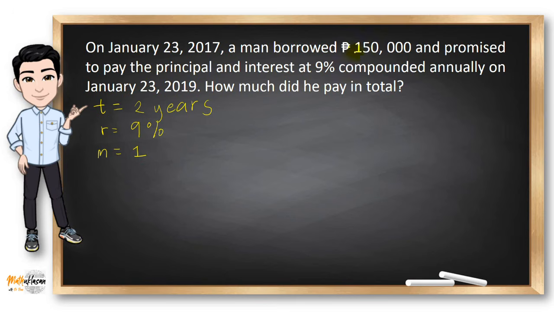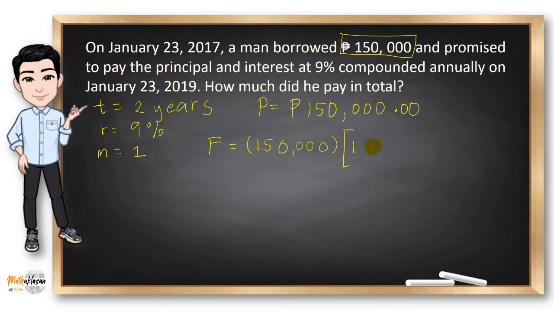What else can we get? What is 150,000 pesos here? Yes, the principal amount is 150,000 pesos. And now we just need to compute for the total amount that he paid, referring to the final amount. So F is equal to principal, which is 150,000 times 1 plus R over M. R here is 9% and it is compounded annually, so it's over 1 raised to T times M or N. So since T is what?